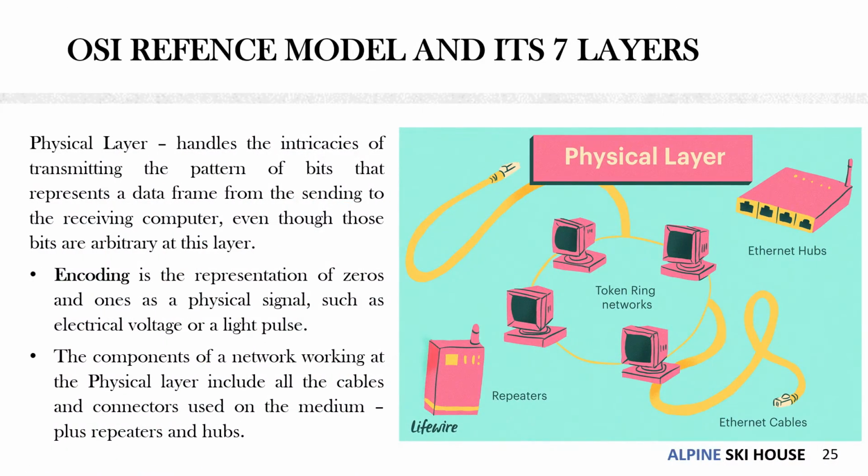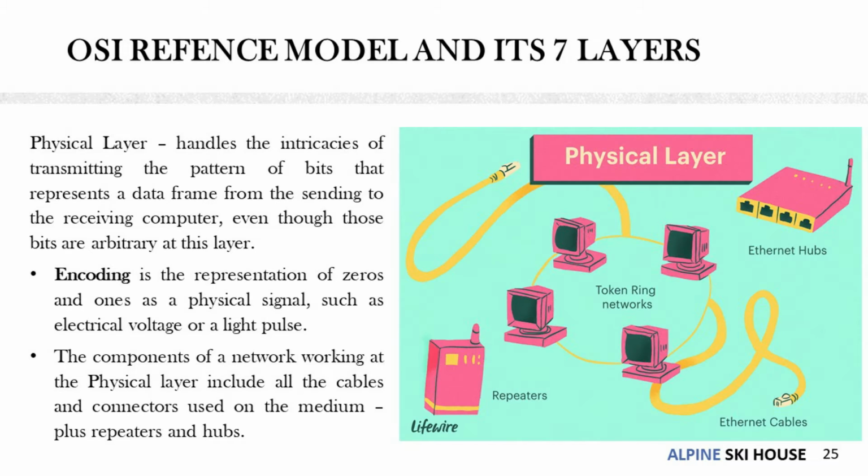The physical layer handles the intricacies of transmitting the pattern of bits that represents a data frame from the sending to the receiving computer. The bits are arbitrary at this layer. Encoding is the representation of zeros and ones as a physical signal, such as electrical voltage or a light pulse.